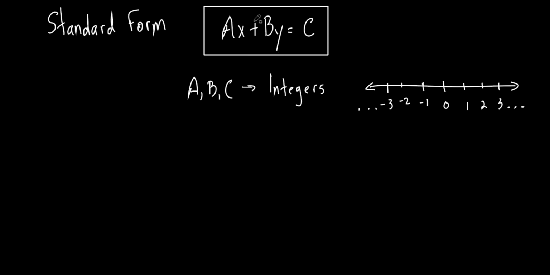All right, so A, B, and C have to be integers. So A, B, and C cannot be a what? What's not included? Is 1 really the next number after 0? Is 2 really the next number after 1? What could be in between? Yeah, 0.5, which means decimals or what? Fractions. That's right. So an integer is not a decimal and it's not a fraction.